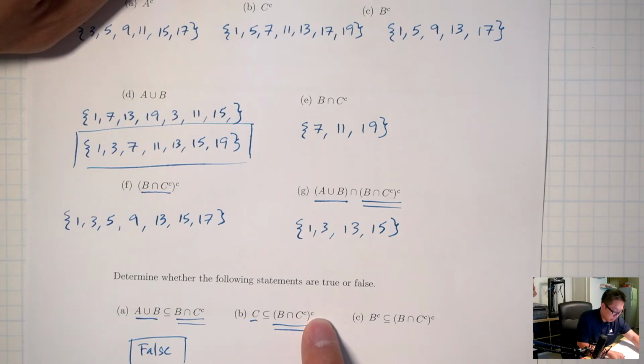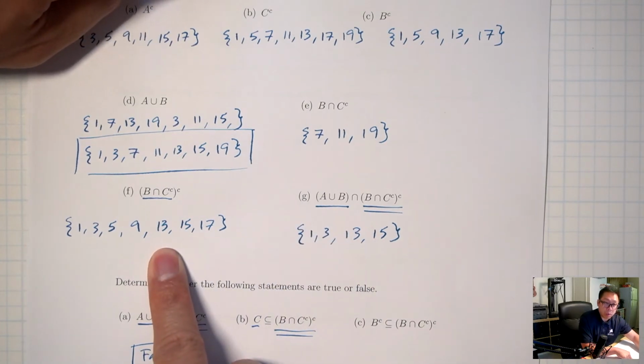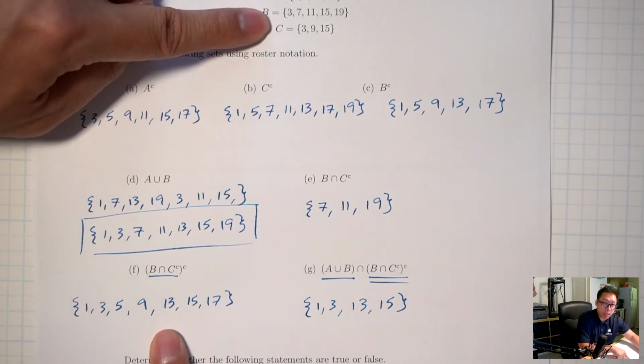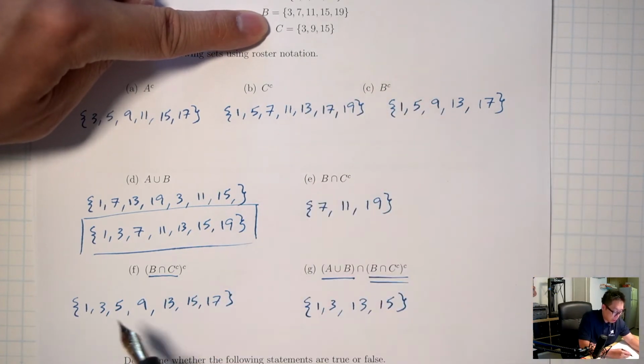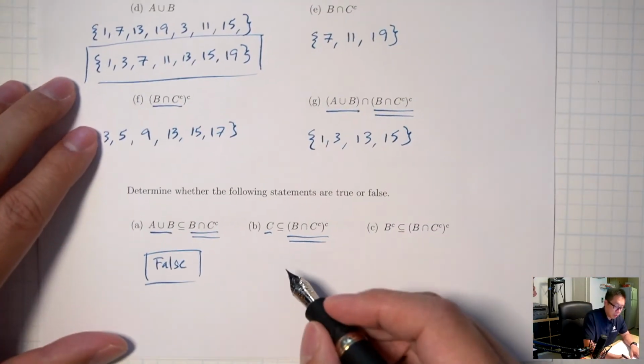So where is that? That's right here, part F. Okay, so we're talking about regular C and part F. So start with the set on the left, which is the regular C, and go through. Is 3 in there? Yes. Is 9 in there? Yes. Is 15 in there? Yes. Okay, so all yeses. That means that this is true.